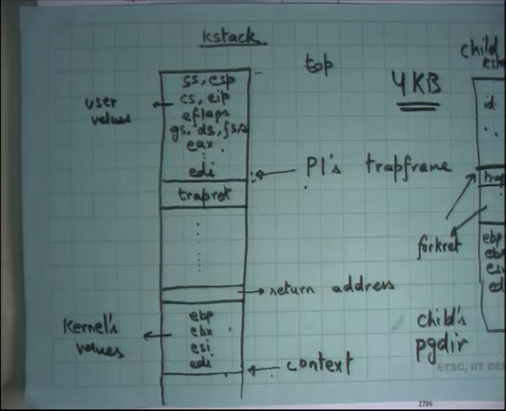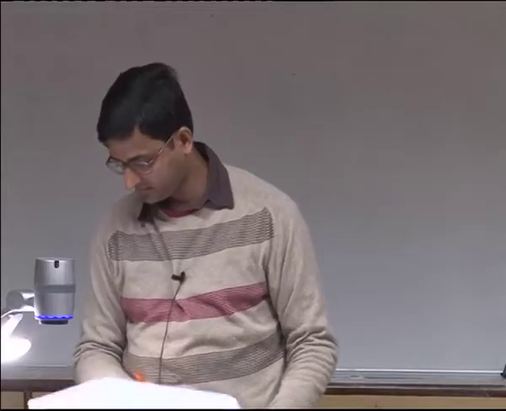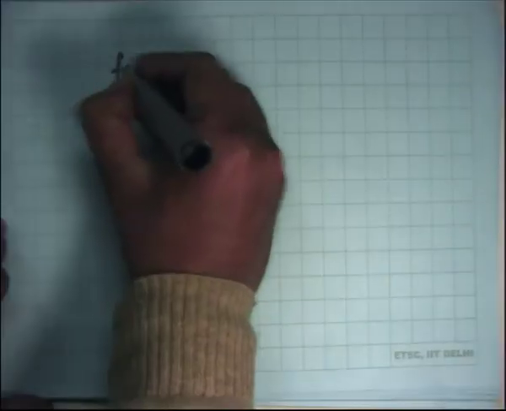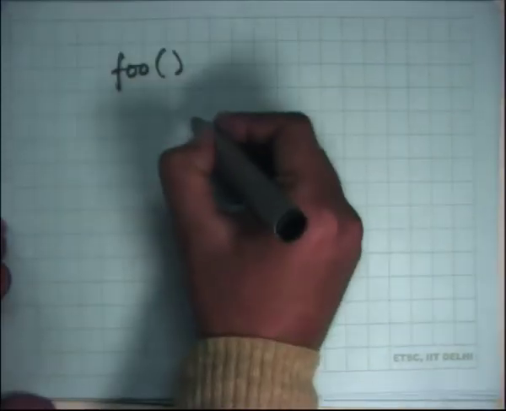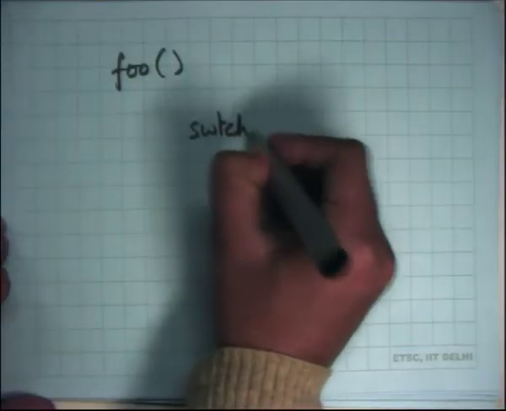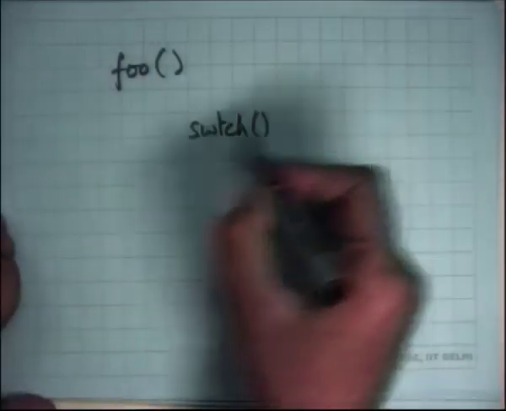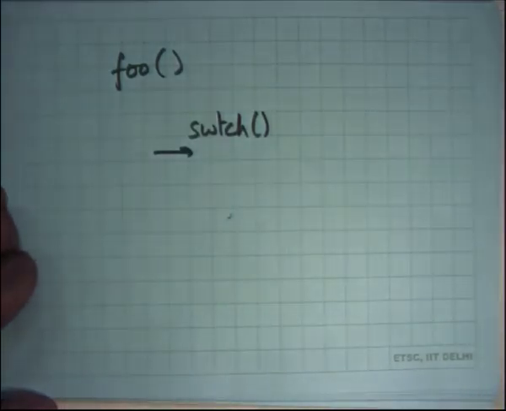Typically you enter, let's say foo called switch. Let's say this is foo and it calls switch, and let's say there was another function, so it's probably never going to return here, right.